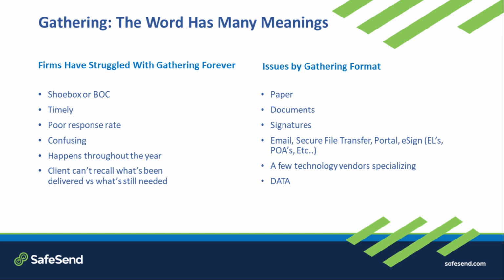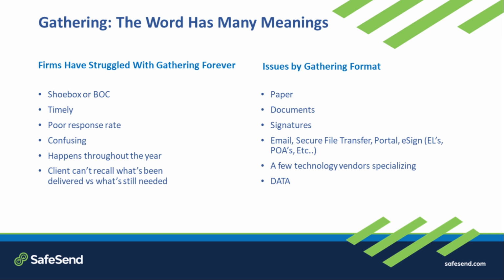Seems like a pretty simple issue, but when you look at all the variation of the things that, as a firm, we're collecting from our client, it's issues by gathering formats. So you have paper, you have different types of document formats, Excel spreadsheets, PDFs, the list goes on. And then you have signature processes that happen in there, as we mentioned on some of the documents.